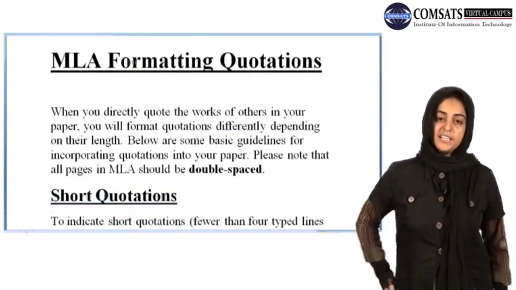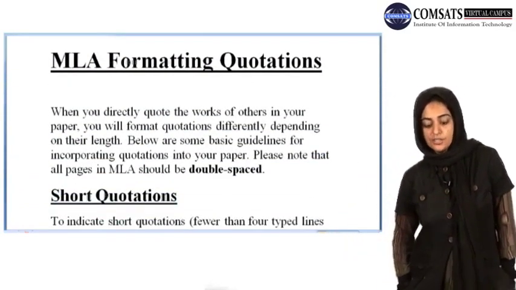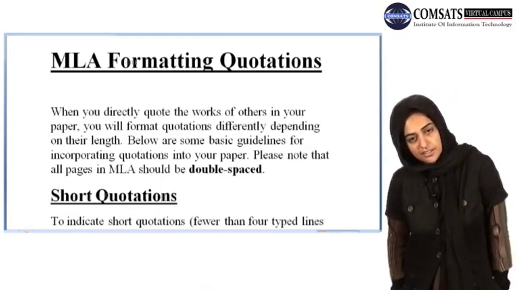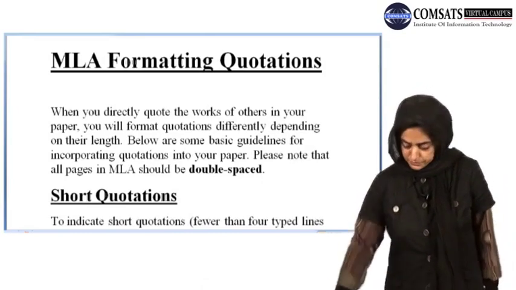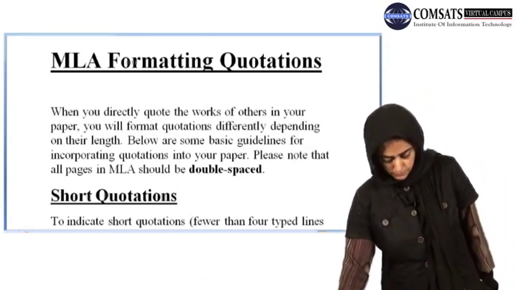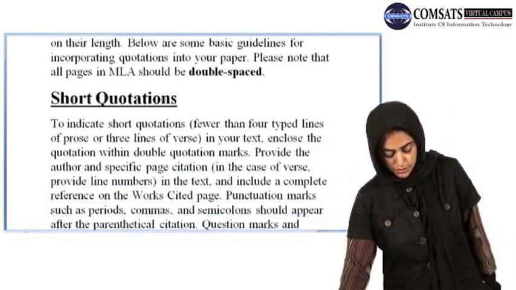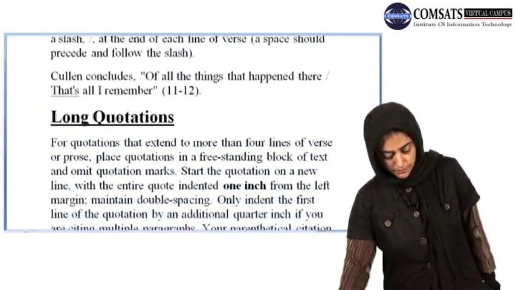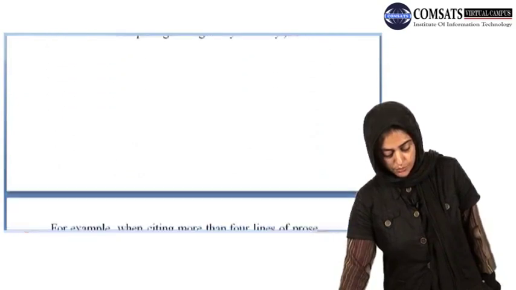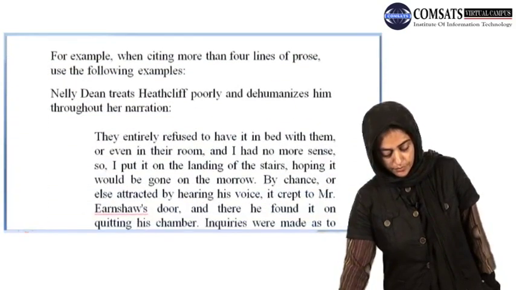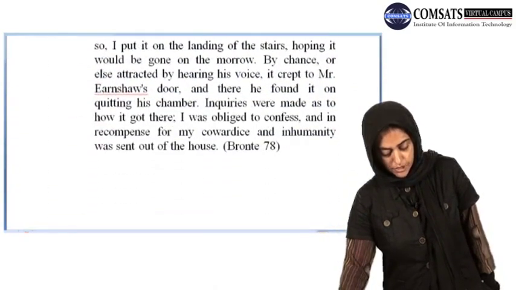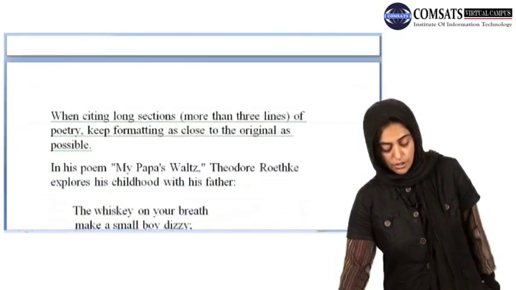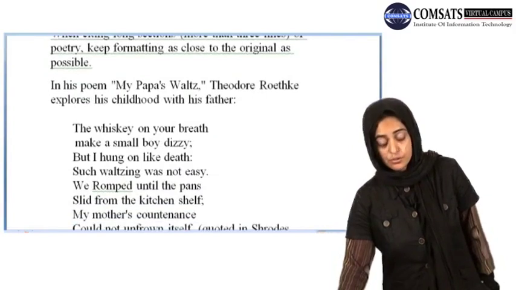Then how to create the in-text citation through MLA formatting style, MLA referencing style for quotations, short quotations, after that the longer quotations, and how to show the missed out words or the lines of the quotations or the verses that you are quoting in the text.